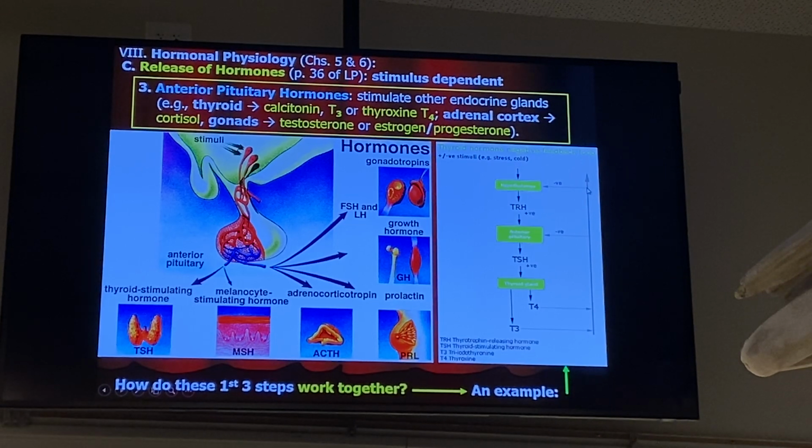T3 is actually active in the cells. And then once it goes up, now the hypothalamus is going to get it and say, well, I need less of this. So then less of that is going to the portal vein. The anterior pituitary is going to release less TSH, which is going to cause the thyroid gland to release less T3, T4.